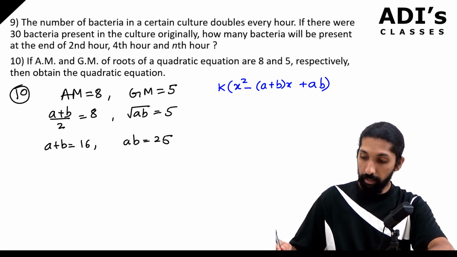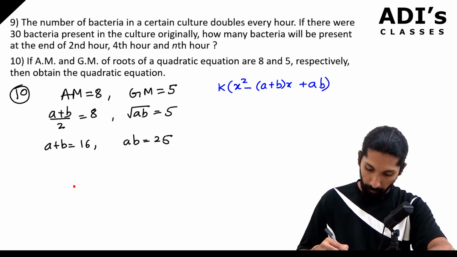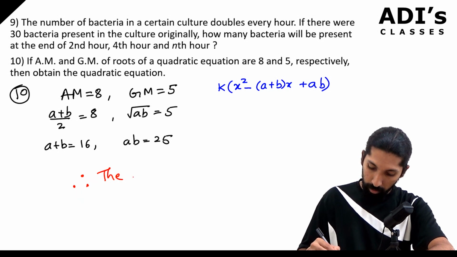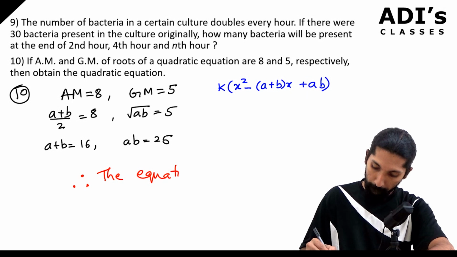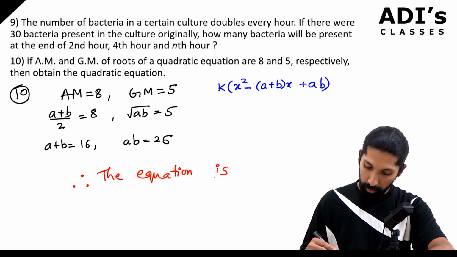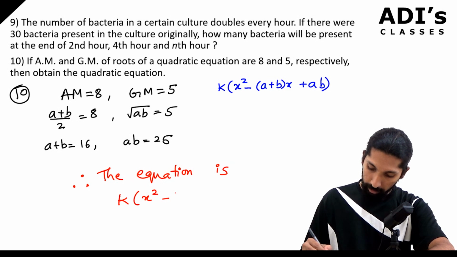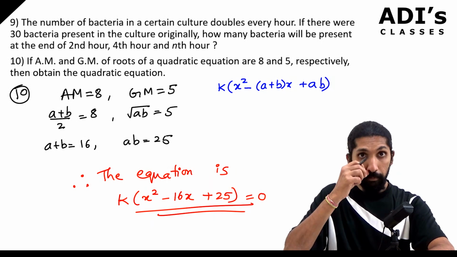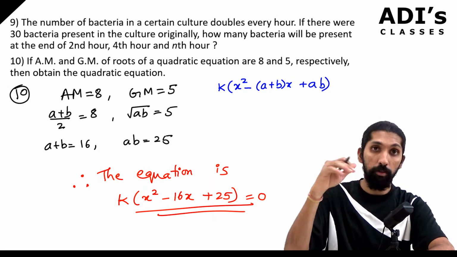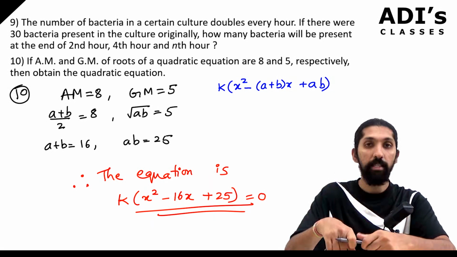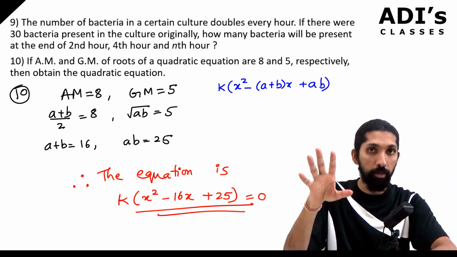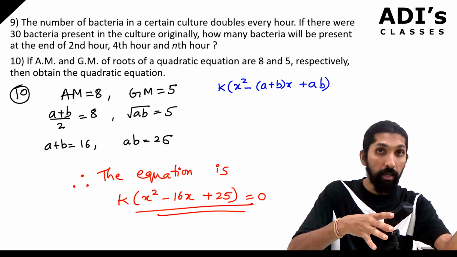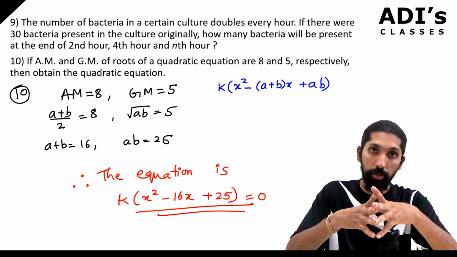So what we can write, therefore, the equation is k into x square minus 16x plus 25 is equal to 0. This basically gives us the quadratic equation with arithmetic mean and geometric mean as the roots.